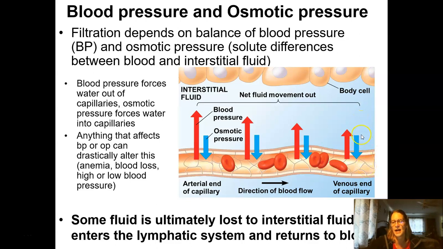That's the osmotic pressure that forces water to move back into the capillaries after blood pressure has pushed it out. In many cases, you get more blood pressure pushing out more water, and some water coming back in through osmotic pressure.